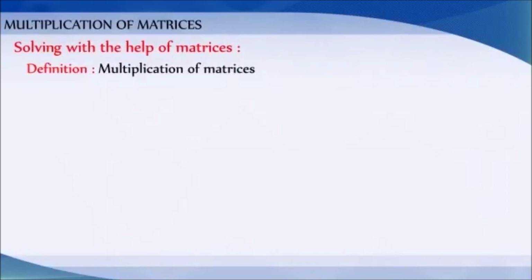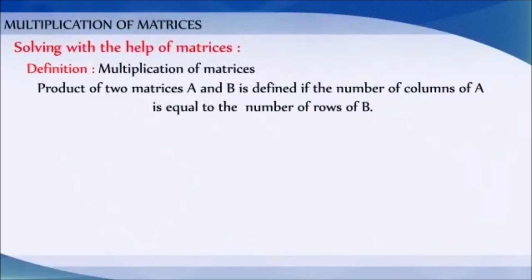The product of 2 matrices A and B is defined if the number of columns of A is equal to the number of rows of B. Let A = [Aij] be an m by n matrix and B = [Bjk] be an n by p matrix.